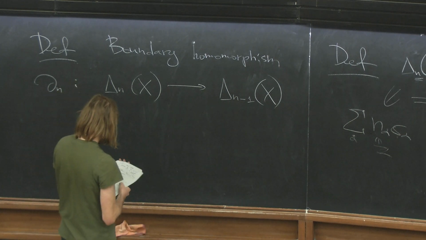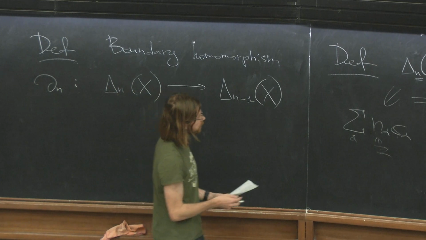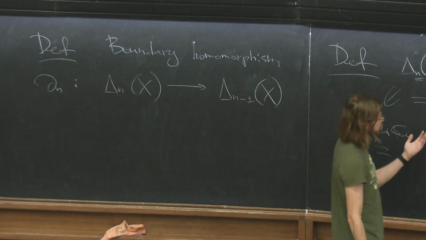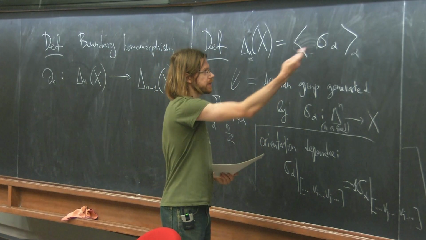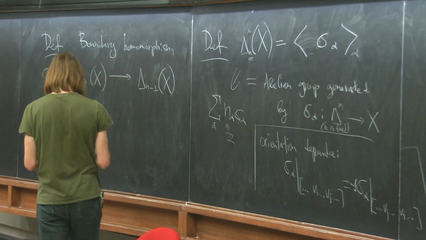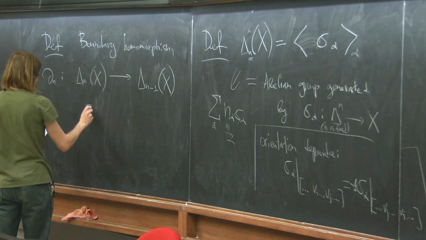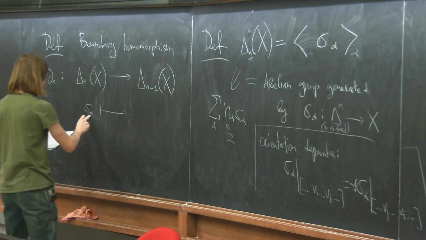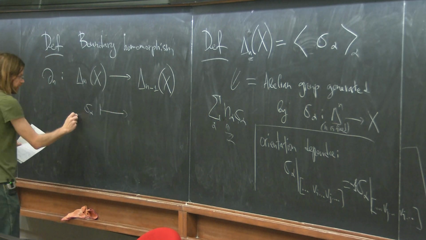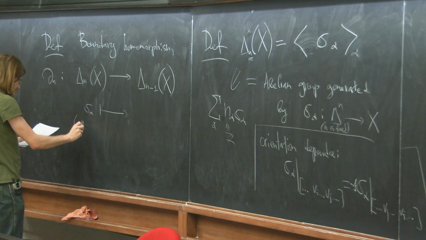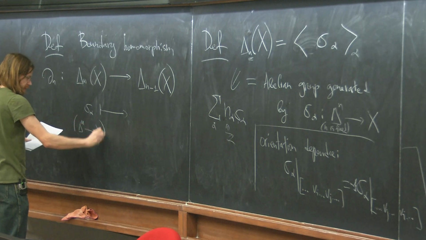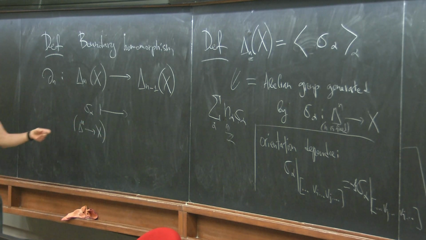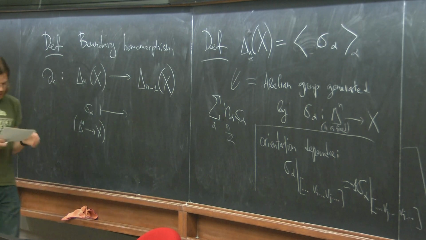Since delta n is defined as an abelian group freely generated by these maps sigma alpha, it's enough to define it on each generator. It's enough to say where sigma alpha is sent, where sigma alpha is a map from an n simplex to X in our family, which defines the delta complex structure.